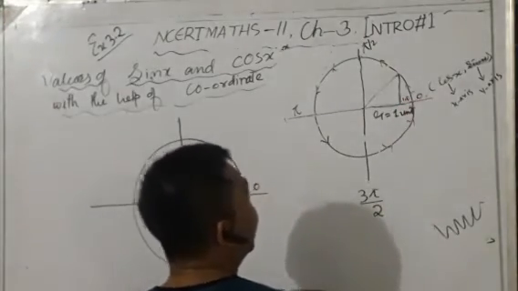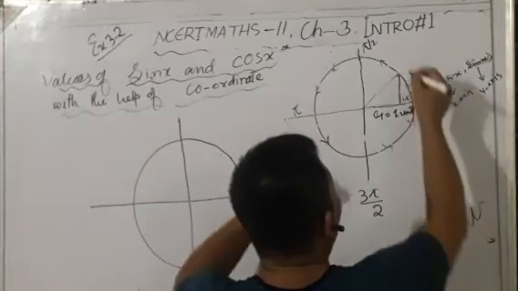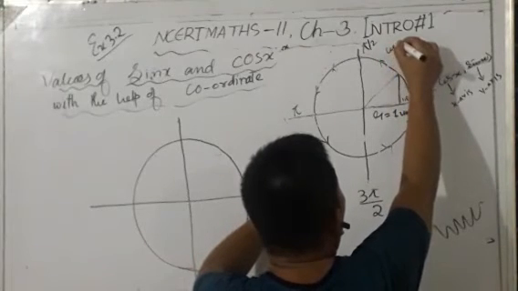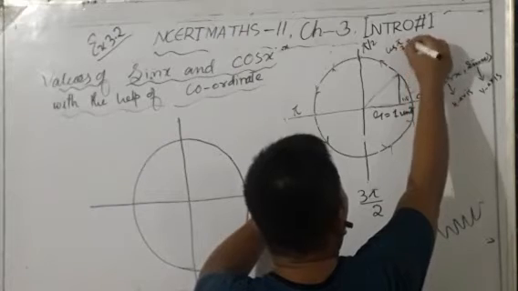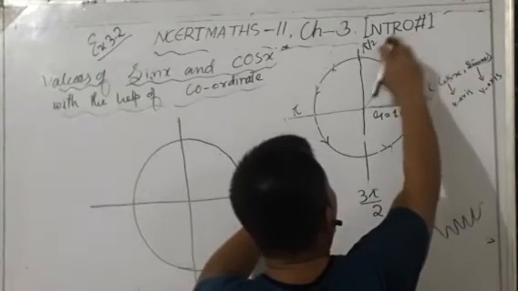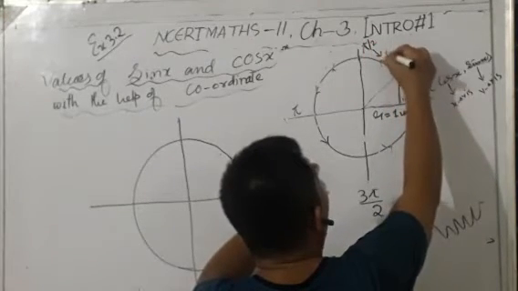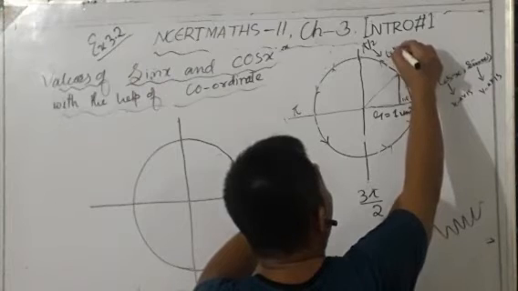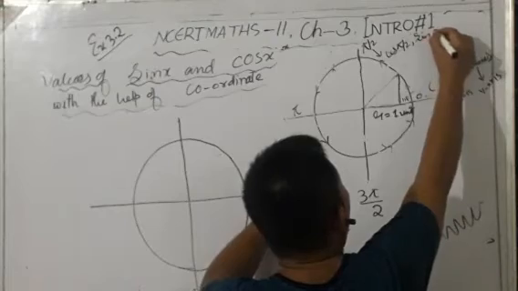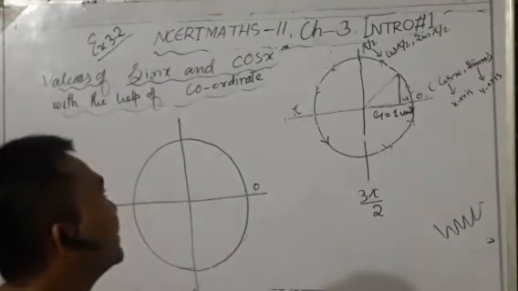And what will be the name of this coordinate? It will be cos, and then sin, of this angle.